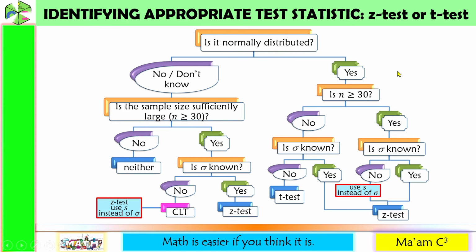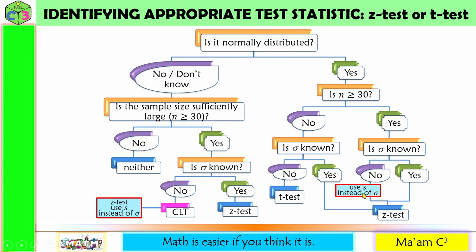In that case, you may proceed to the second question, which is about the sample size, followed by whether the population standard deviation is known. The bottom line here is that if the population standard deviation is known, then you are going to use z-test.